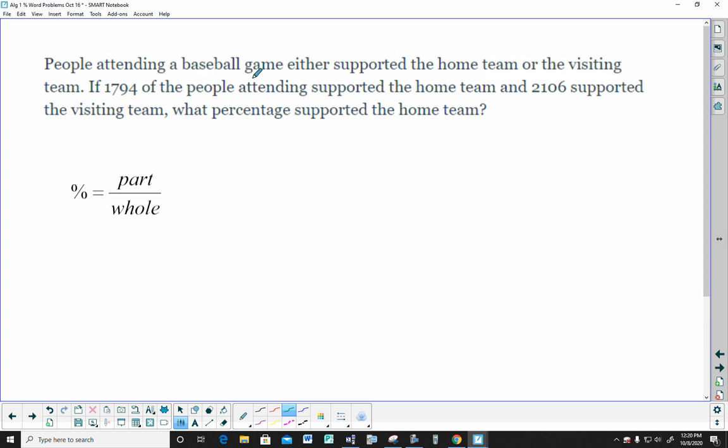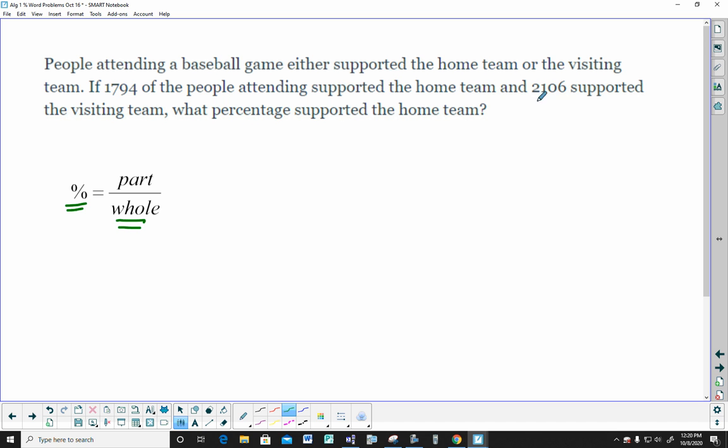People attending a baseball game either supported the home team or the visiting team. Well, okay, I suppose. There isn't another team to vote for. That many of the people attending supported the home team. That many people supported the visiting team. What percentage supported the home team? So you have to be a little bit careful because they don't tell you the whole and they want the percent.